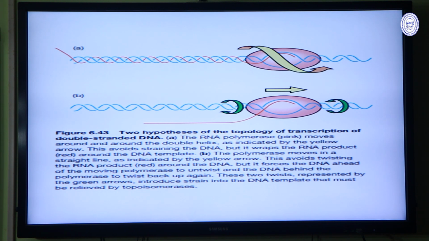There will be a change in the superhelical density, and to maintain the superhelical density properly, the topoisomerase has to play a major role, because there will be twisting of the DNA strands at the back of the RNA polymerase, and those strands have to be untwisted.